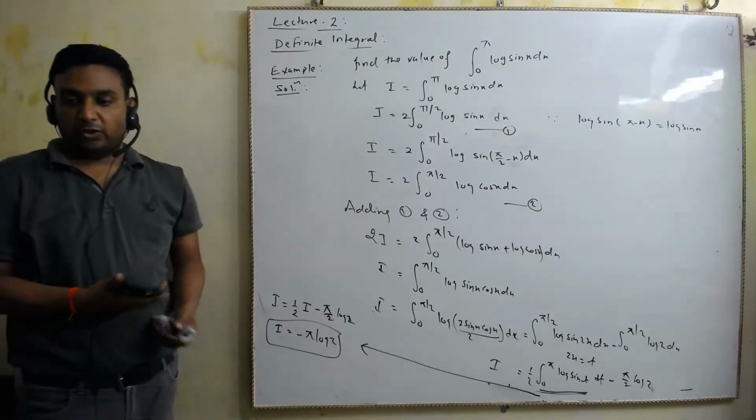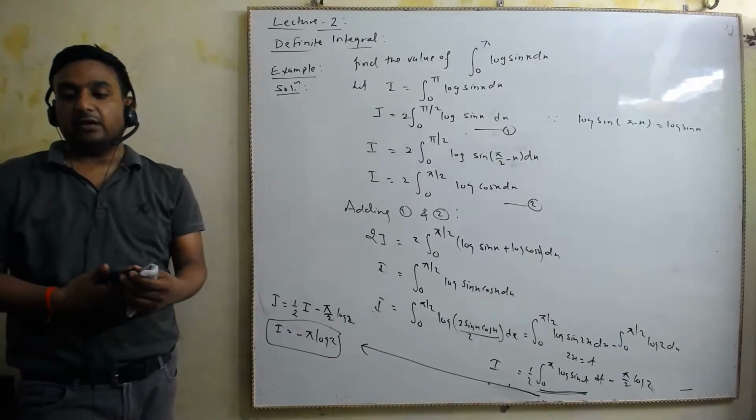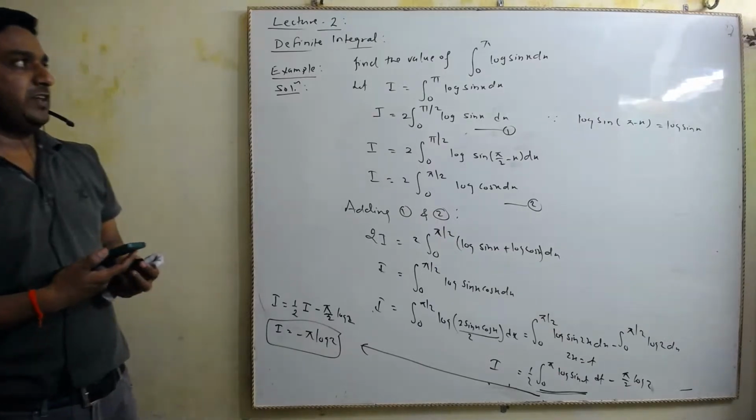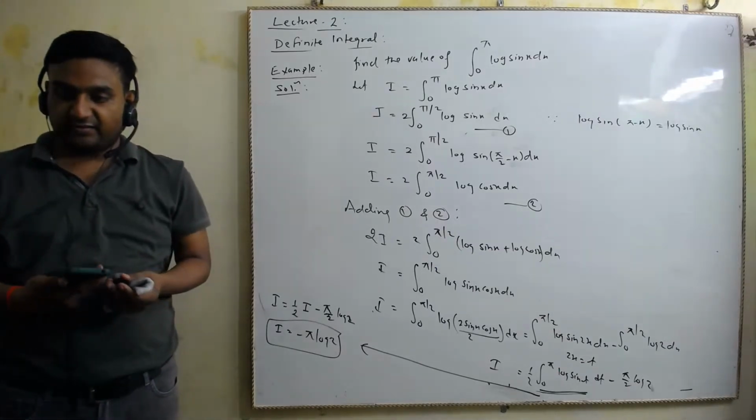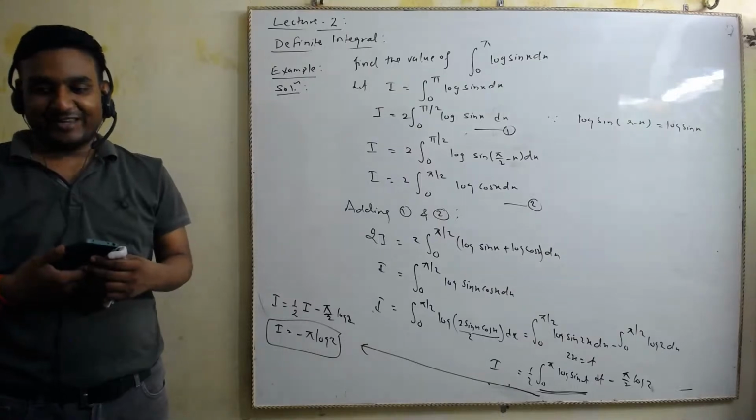Please note down, this is a good problem. UPSC asked this as well. So the integral from 0 to pi of log sin x, and from 0 to pi of log cos x, the result will be the same. Okay.